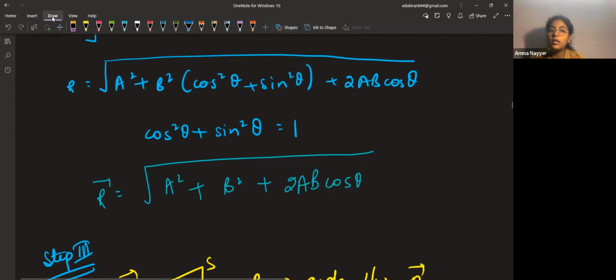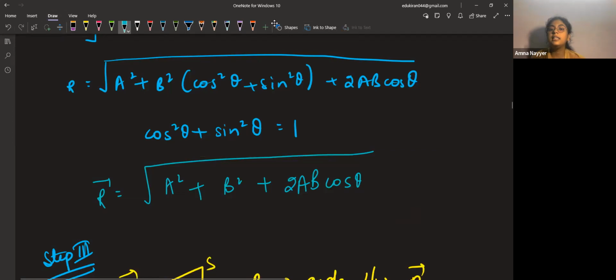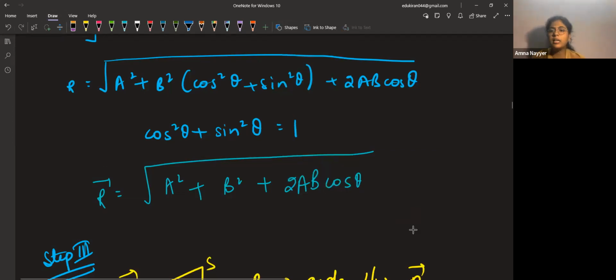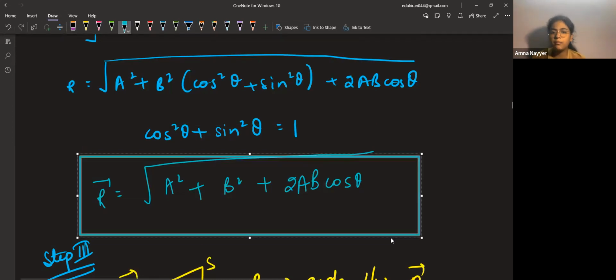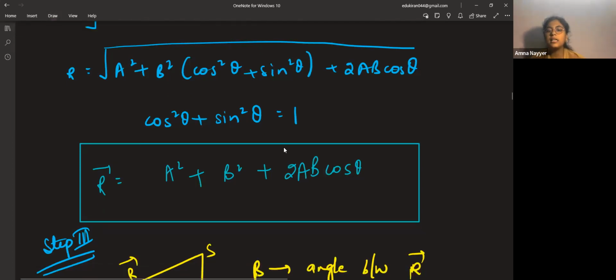Your answer is still not completed because we haven't obtained the direction. So for the direction, we'll complete the derivation. The direction part will also be there. But regarding your magnitude, this is how you find out the resultant of two vectors which are given.